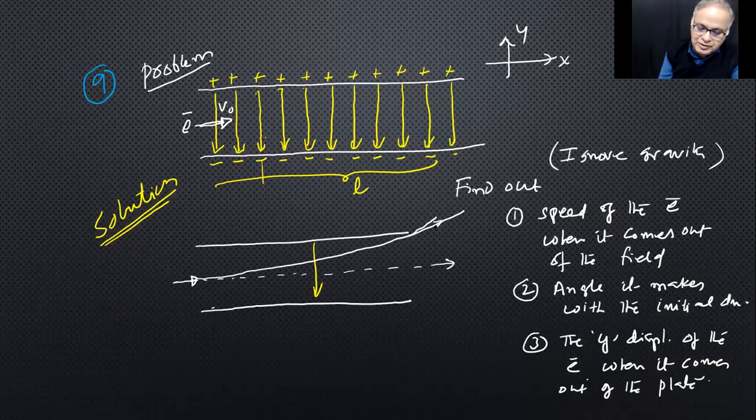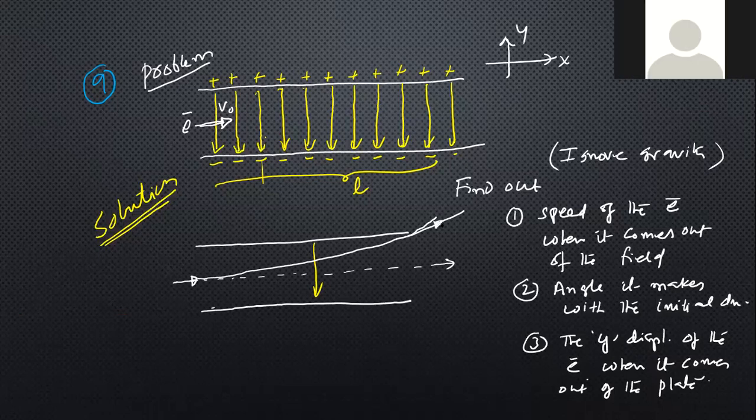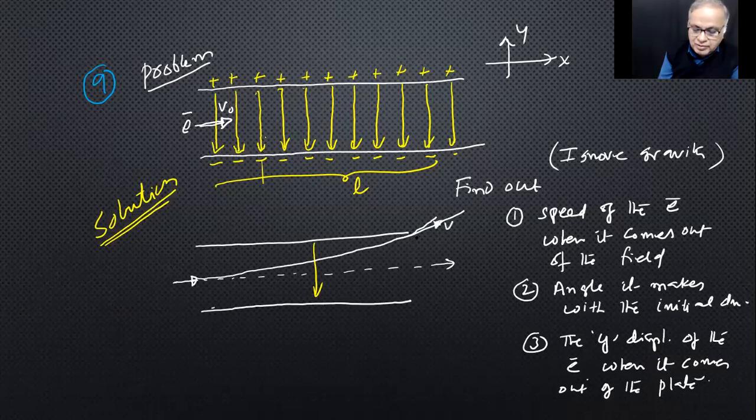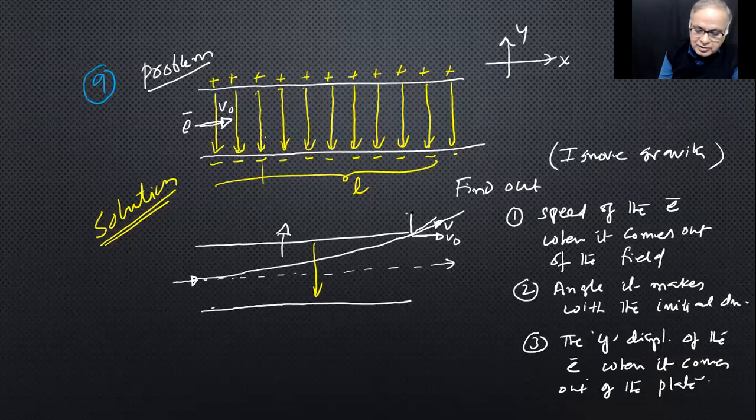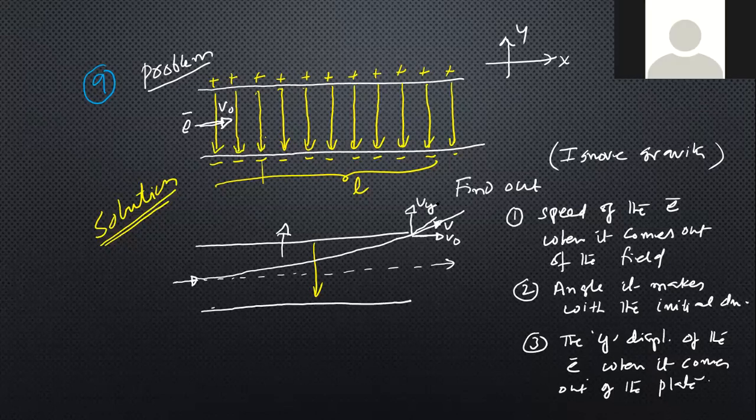This velocity will be tangential, with some speed V. But the V naught component will remain the same. Why? Force is acting in this direction on the electron, not in the initial velocity direction, but it would have gained one extra velocity in the y direction. Do you follow?